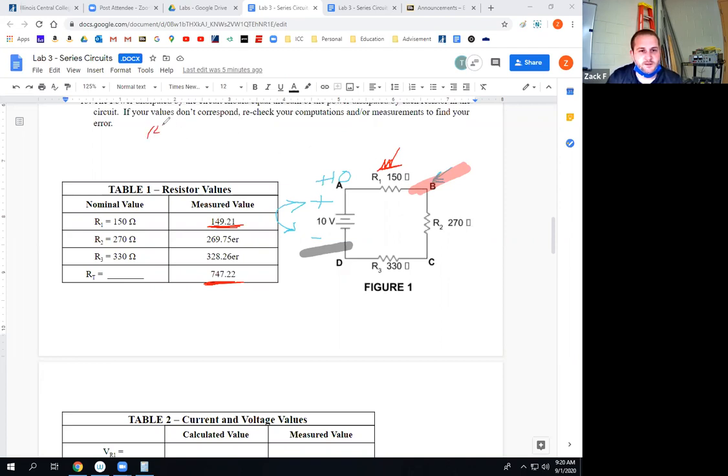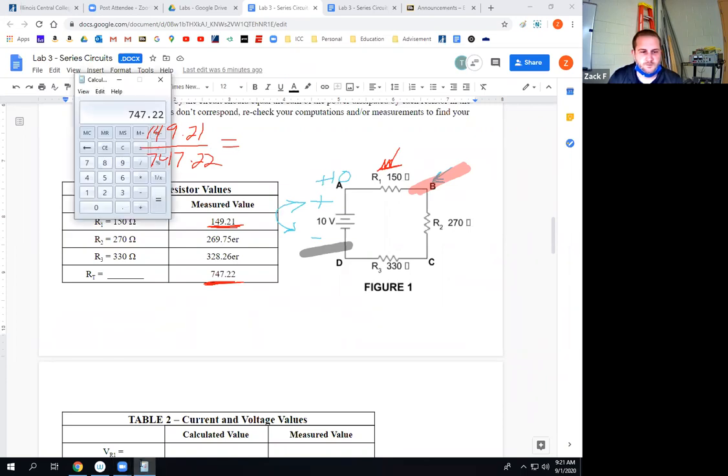So 149.21, that's my number, your number's probably different, divided by 747.22. And that gives me 19.97%.